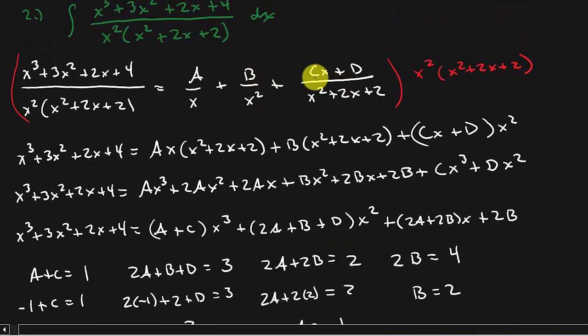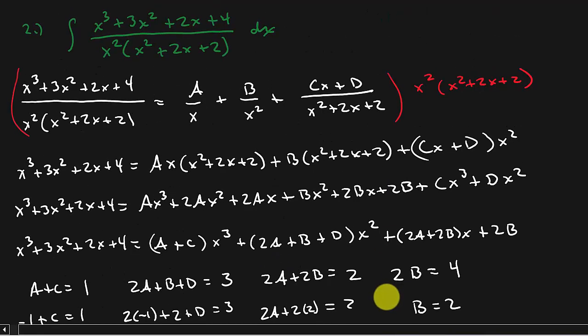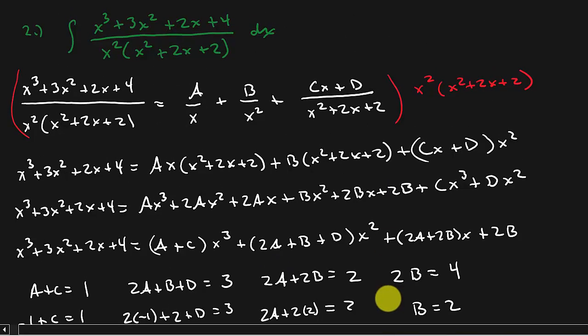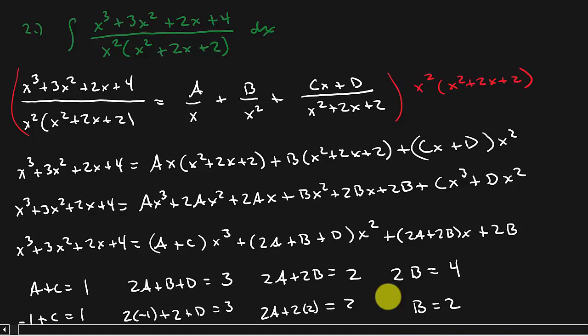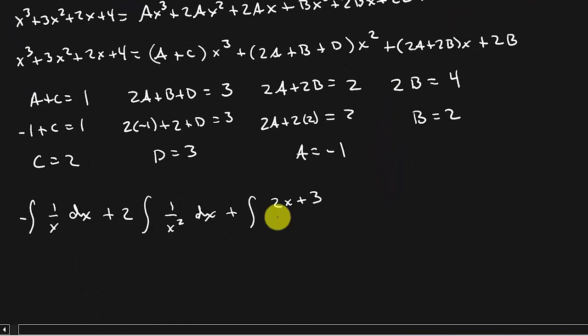Plug the 2 in. And then c and d. C is 2, d is 3, so plus the integral of 2x plus 3. Is that right? 2x plus 3? Yeah, d is 3, so 2x plus 3. And that should be over x squared plus 2x plus 2 dx.